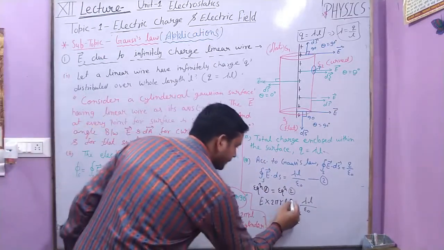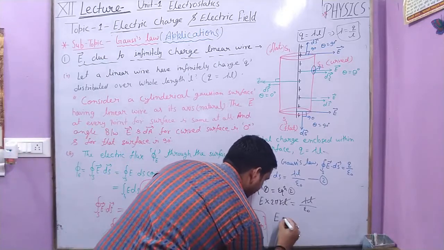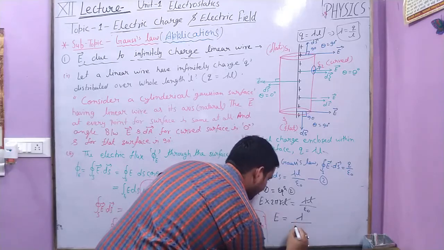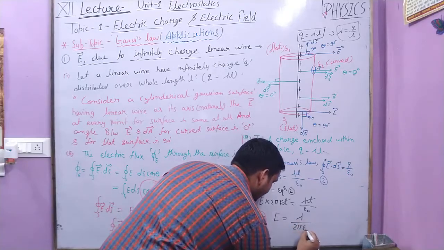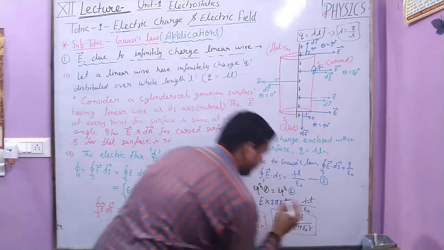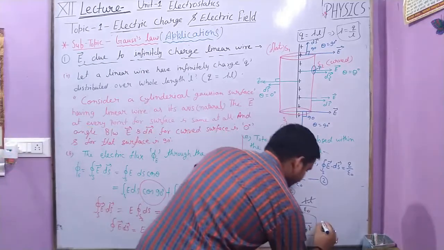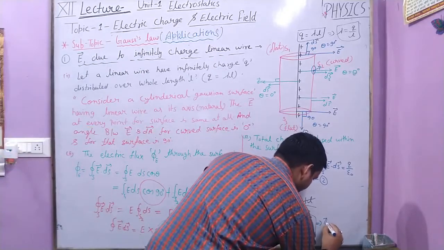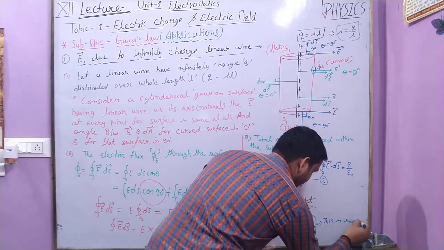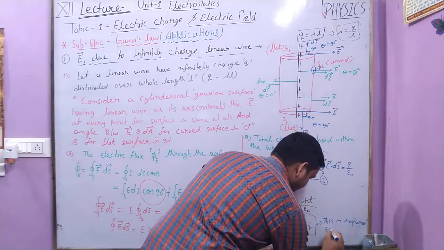Now here this L cancels, and you will calculate from here the value of electric field for this surface, E equal to lambda upon 2 pi epsilon naught R. Okay, so this is the required result, the required expression.